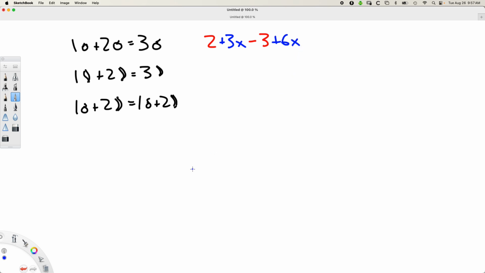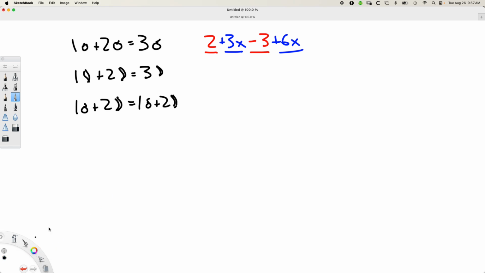So if I'm adding these together, 2 plus 3x minus 3 plus 6x, I can't add the numbers and the x's together any more than I could add apples and bananas together. But what I can do is I can combine like terms. I can combine my 2 and my negative 3, and I can combine my 3x and my 6x.